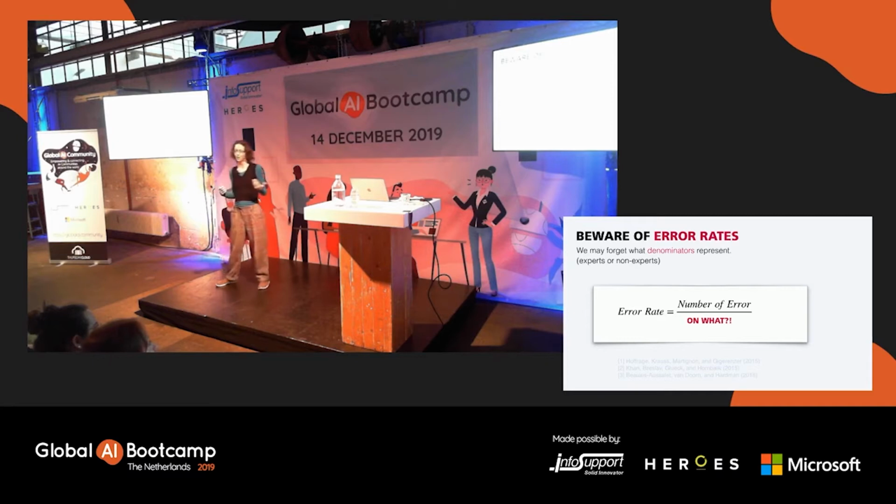There are a lot of error rates: true positive rate, false positive rate, precision, recall, accuracy, and then we could go into F1 score and so on. But even with the simple error rate, where it's a number of errors over something, the denominator is extremely important. That's what makes a lot of difference in how you can interpret your error rates.